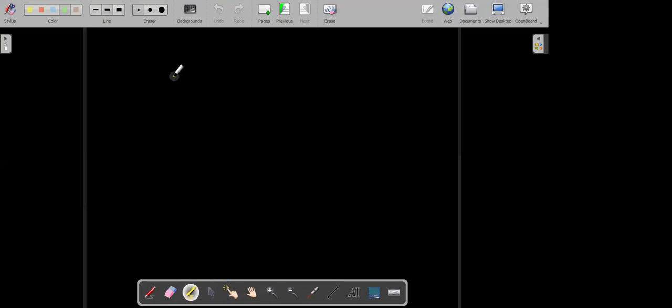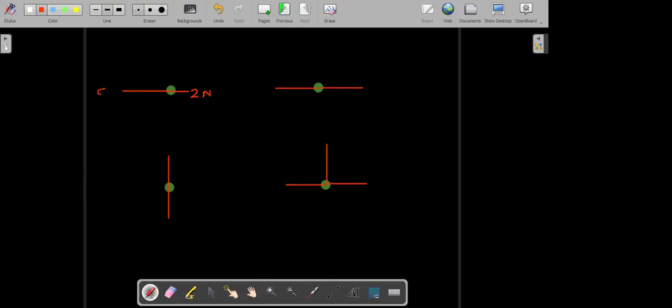So we take here objects. Okay, see, here I have given you some examples. Suppose you have a force of 2 Newton and here a force of 5 Newton.